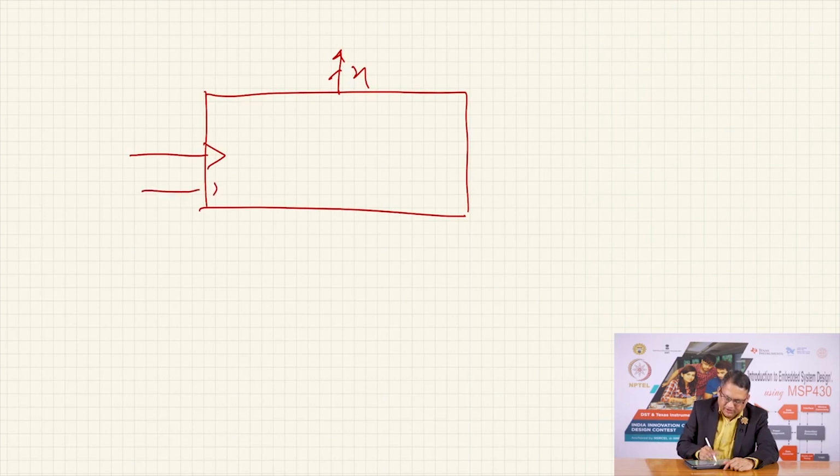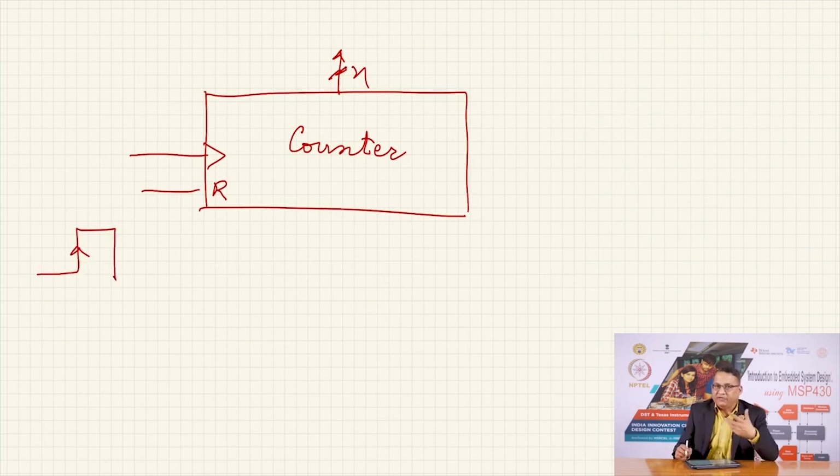Maybe you also have a reset pin, so that when you assert the reset signal, all the n outputs of this counter are reset to 0. Thereafter, for the given configuration of the clock signal, every time there is a rising edge, the count will increment by 1. If this was a down counter, then it will decrement by 1.